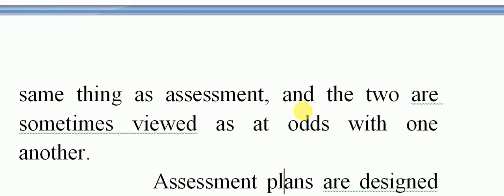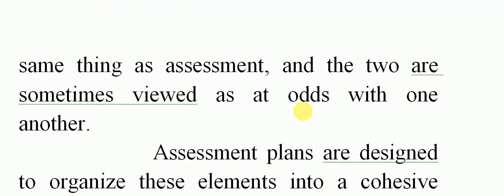Grading is not the same thing as assessment, and the two are sometimes viewed at odds with one another. Sometimes the grading has a range, like 90 to 100 marks is grade A1. So a student who gets 90 marks is included in A1, and a student who gets 100 marks is also included in A1. So sometimes it is an odd view.